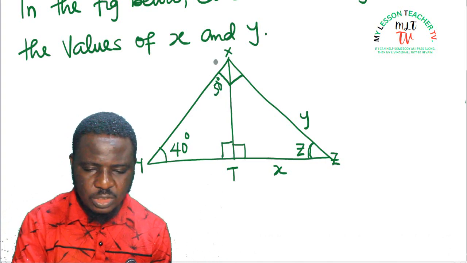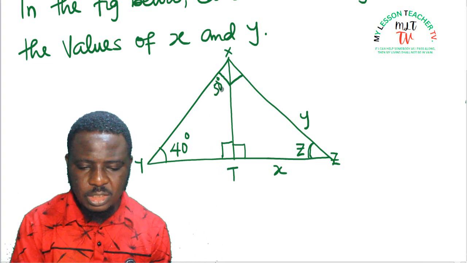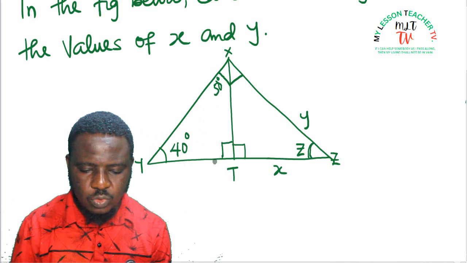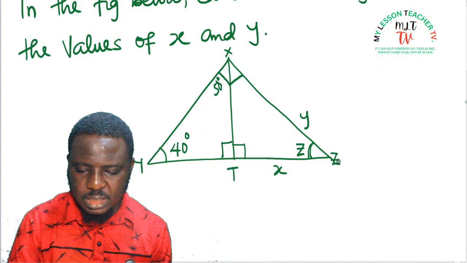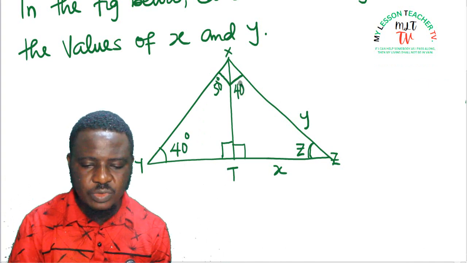For the sum of angles in triangle XYZ is going to give us 180 degrees, and it is only when angle X is 50 degrees that this will be 180 degrees. If angle YXZ is 90 degrees and this alone is 50 degrees, it therefore means that this other side is 40 degrees.